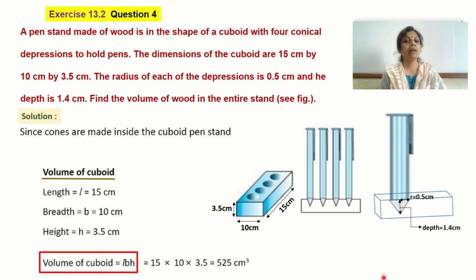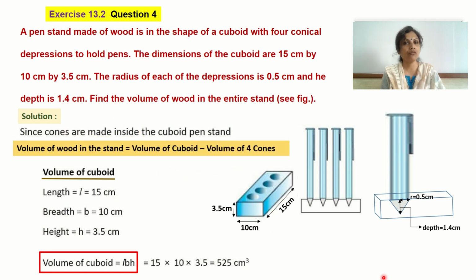So what will be our formula to find the volume of the wood in the stand? Volume of wood in the stand is volume of the cuboid, this wooden block, minus the volume of 4 conical depressions. So volume of cuboid minus volume of 4 cones will give us the volume of the wood.